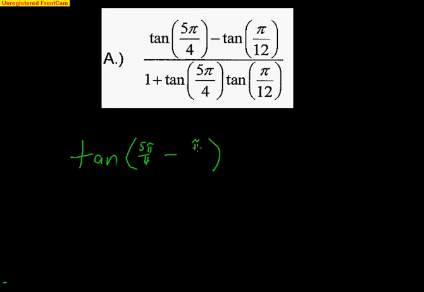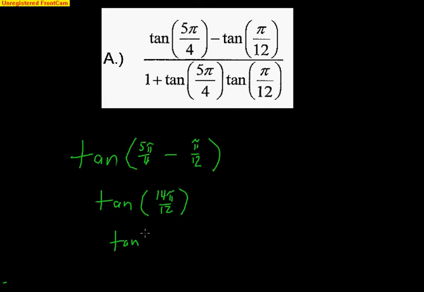Now, if you could do that in your head, you should be able to get a common denominator and add these together. That's going to be 15 twelfths pi minus 1 twelfth, 15 twelfths minus 1 twelfth is 14 twelfths pi. But that does reduce to, oh, wait a minute, did I do that right?